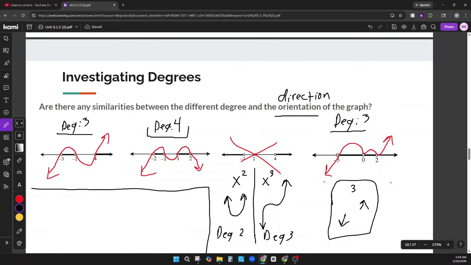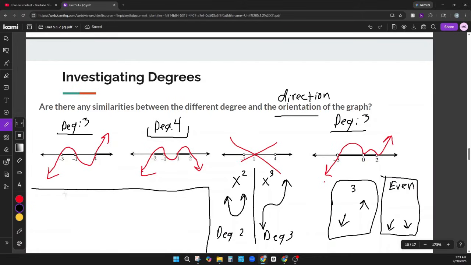And for our even powers, because degree 4 and degree 2 are not the same, but they have the commonality that they're both even, they start in one direction and they end in the same direction. Whether that's going positive or negative, they both go the same way.